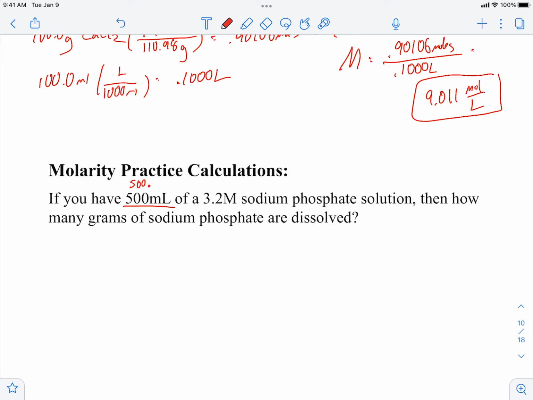Okay, so if molarity is moles per liter, to find moles, you're going to take molarity times liters. That's going to be the first thing you do, and then you will turn that into grams. So 3.2, and this time I'm going to write the units as moles per liter, and I'm doing this deliberately so that you can see the liters cancel.